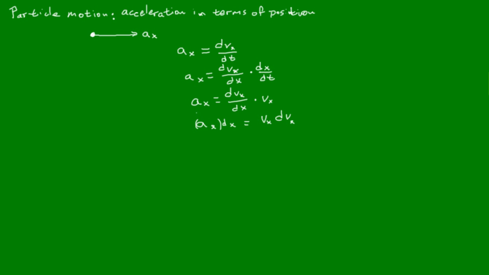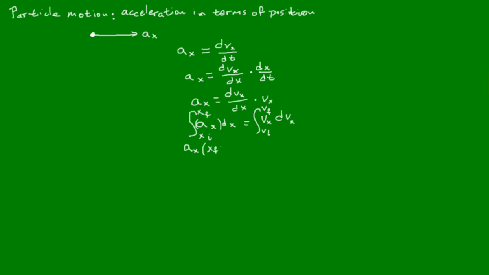Now if we integrate both sides of this equation, like so, we'll integrate the right side from v initial to v final, and the left hand side will start at x initial to x final. So since the acceleration a_x doesn't have any x's in it, we can pull it out in front and just say a_x multiplied by the change in x.